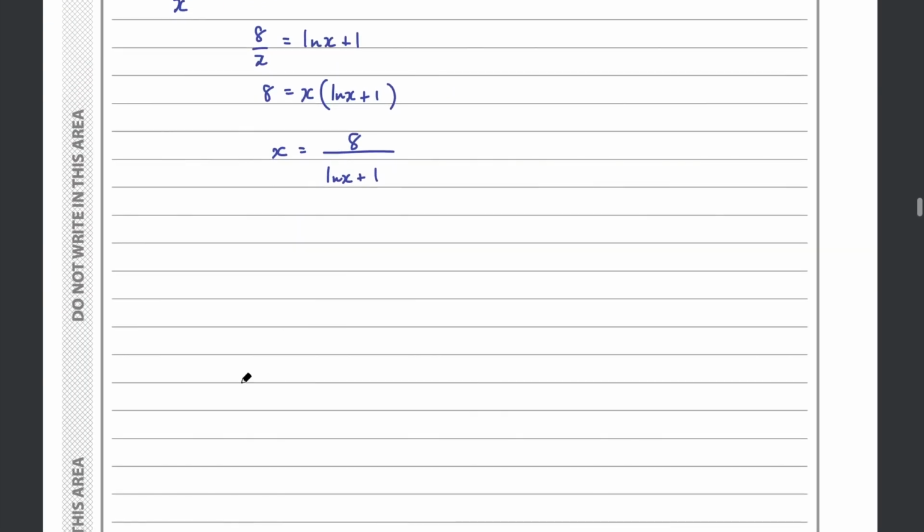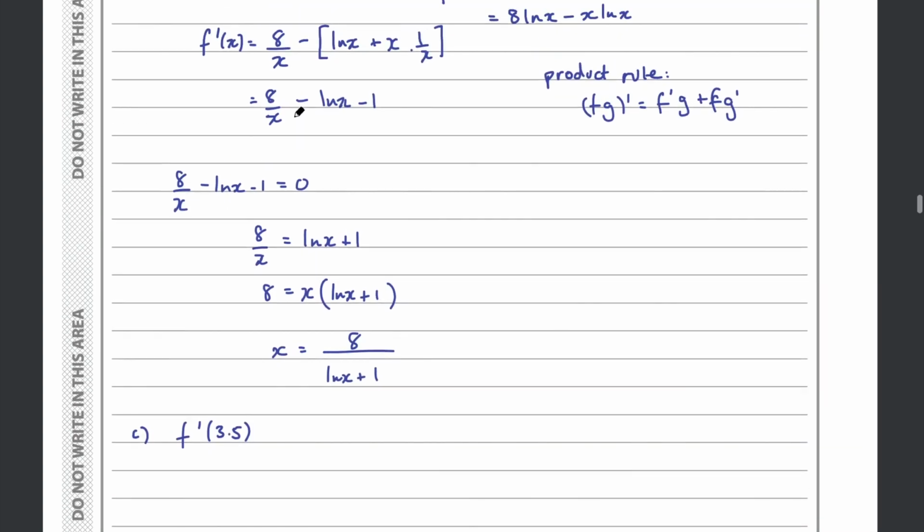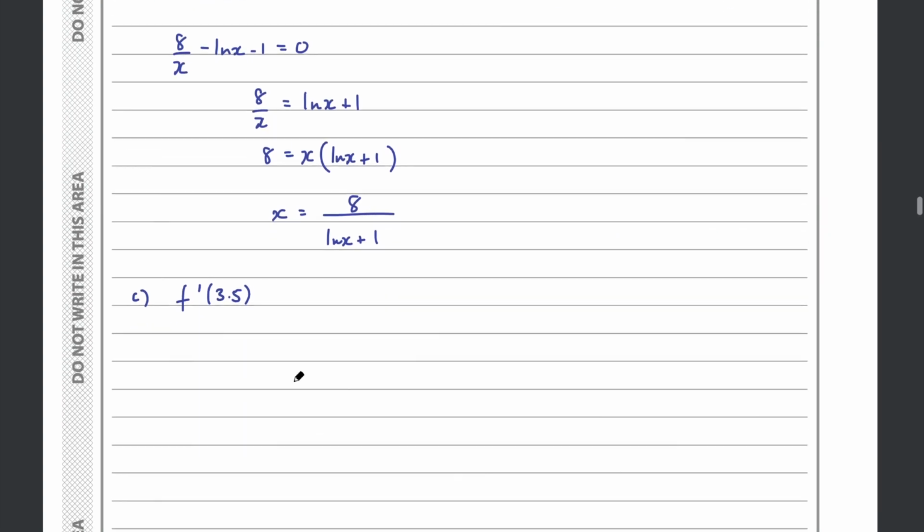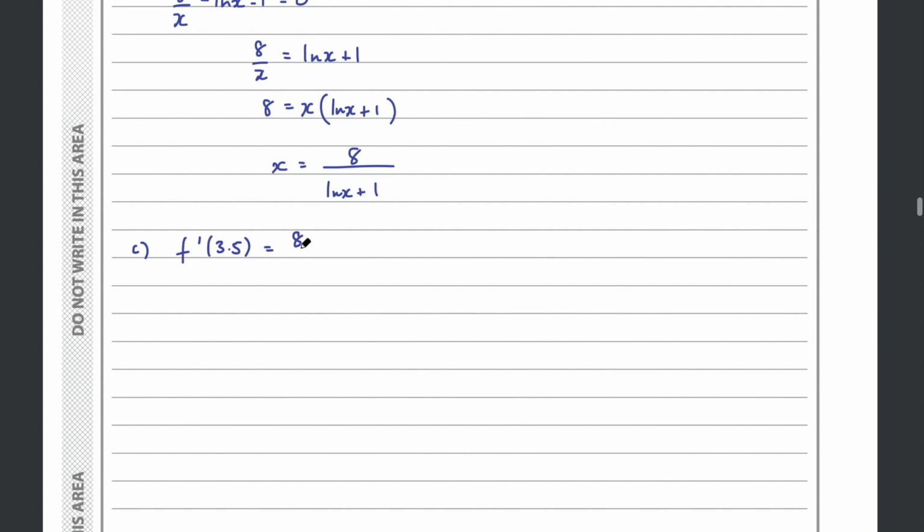So we could start by finding f prime of 3.5. And remember, f prime was 8 on x take the log of x take 1. So this is going to be 8 on 3.5, take the log of 3.5, take 1. And then put that into your calculator.